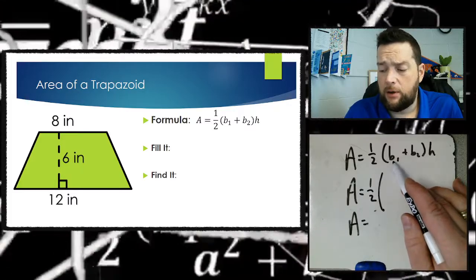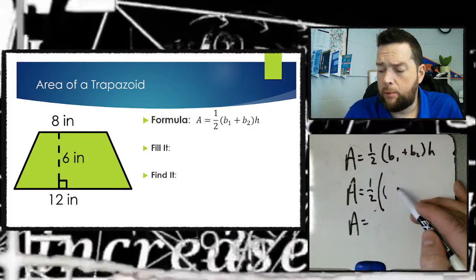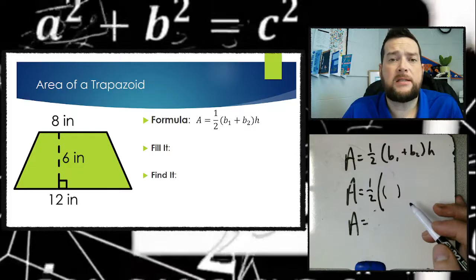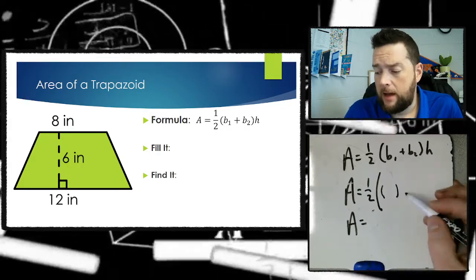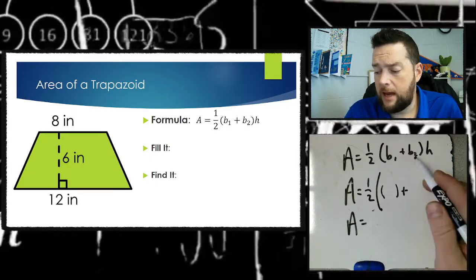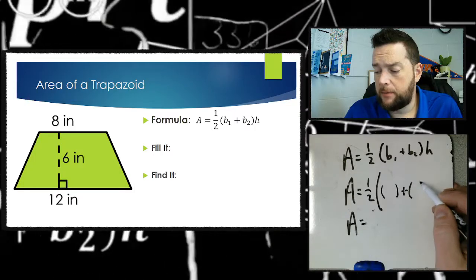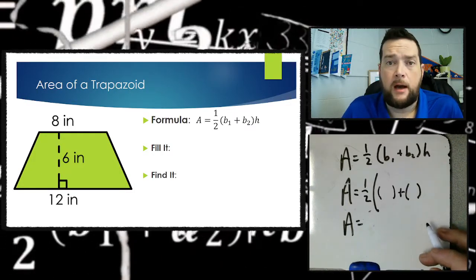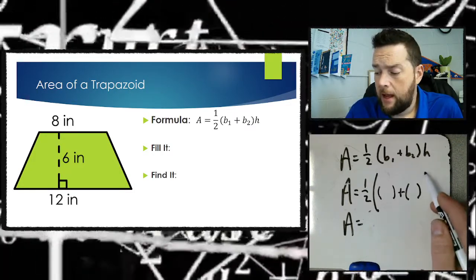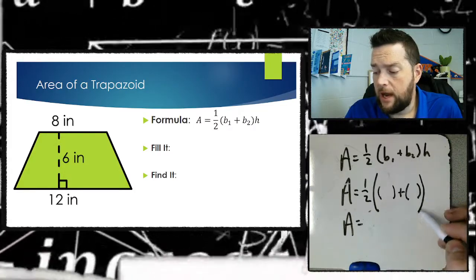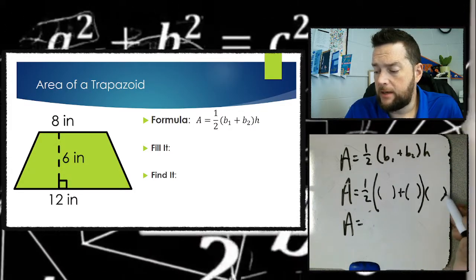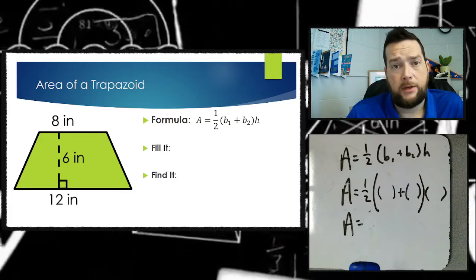I still like the lowercase letter. I like to put just a place saver for a number right there. Now I see a plus sign, I'm going to write that. I see another lowercase letter variable. I'm going to write a small little place saver for that. Then I've got the parentheses closed out, and then I've got another place saver for my H, just like this.